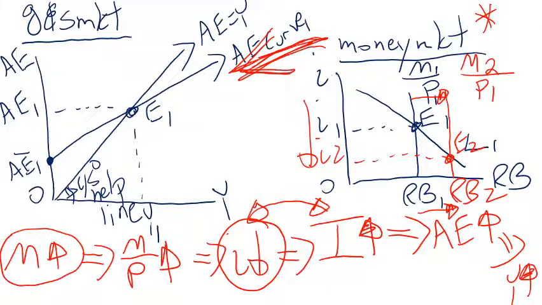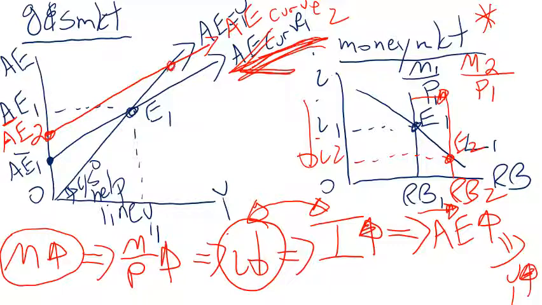All right? So how would we show this graphically in the goods and services market? Well, we would show it like this. So this would be a new aggregate expenditure curve. Let's call this AE curve 2. All right. So this would be a new level of autonomous aggregate expenditures.